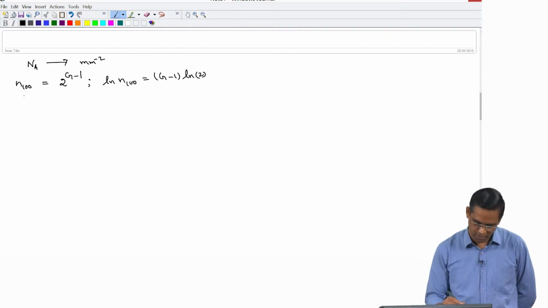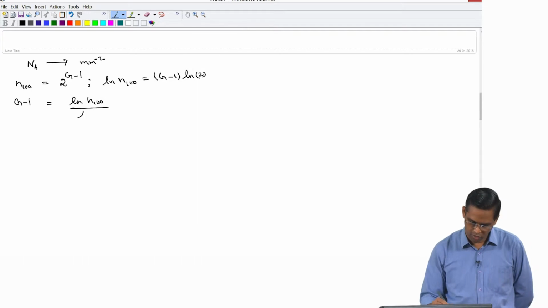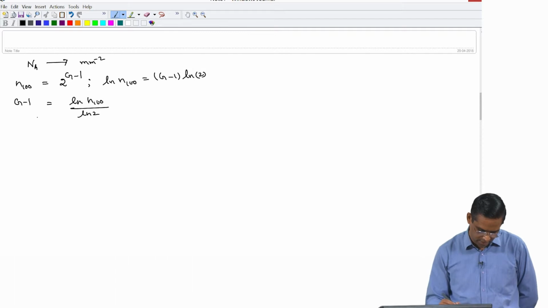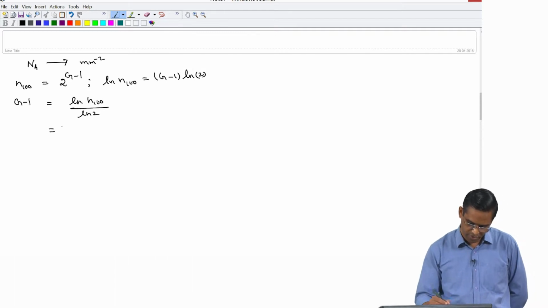So, it is a simple manipulation, ln N by ln 2, and you can again rewrite this in terms of NA. We can substitute NA.